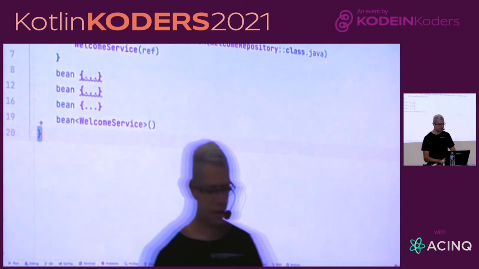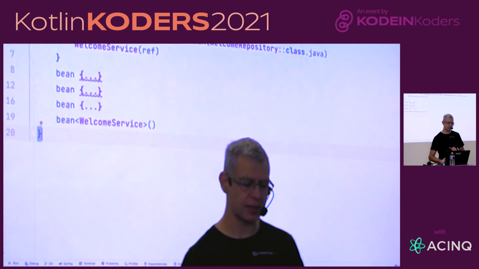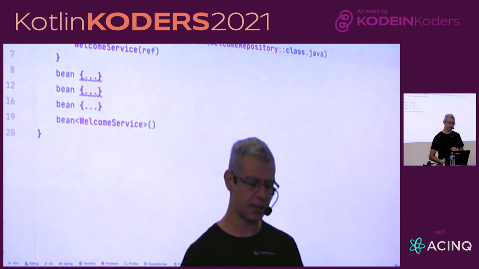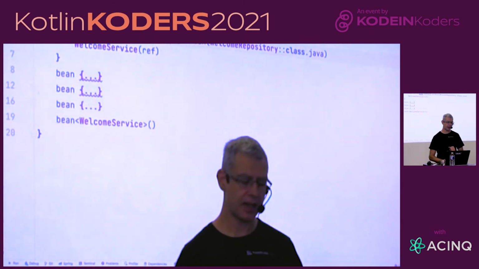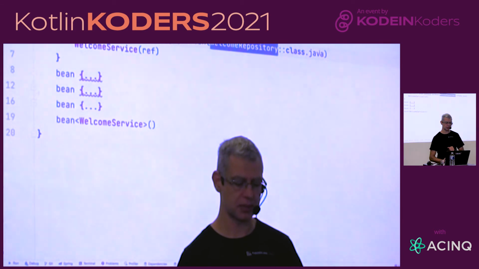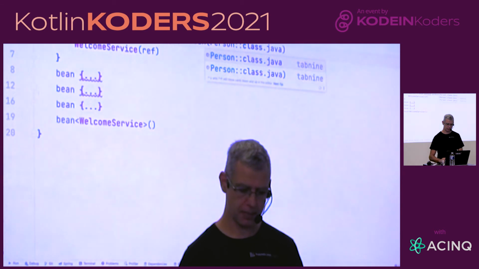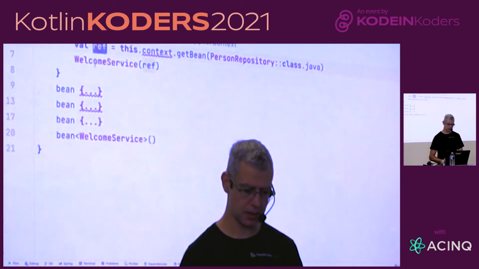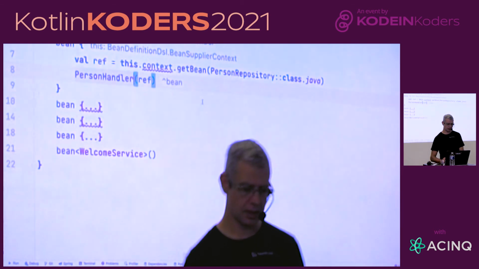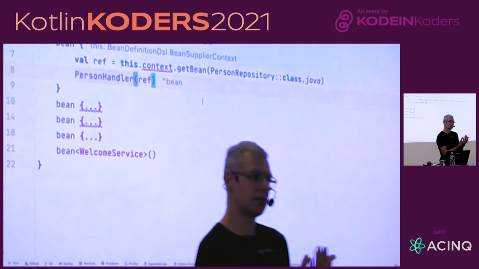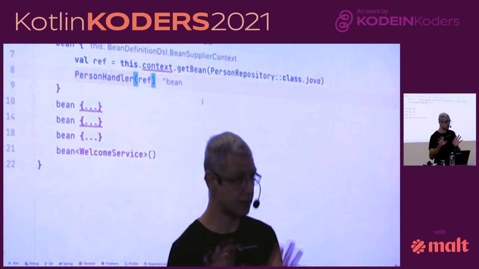And so I am inside this bean definition DSL, and I will define a bean that says, hey, imagine that ref is actually, I will get it from the context because I can access the Spring context, and I will do getBean of the type PersonRepository. And here it should be PersonHandler. Does that look like code that makes sense to you? Yep. Again, you can tell me no, that's fine. No? Nobody will tell you anything.